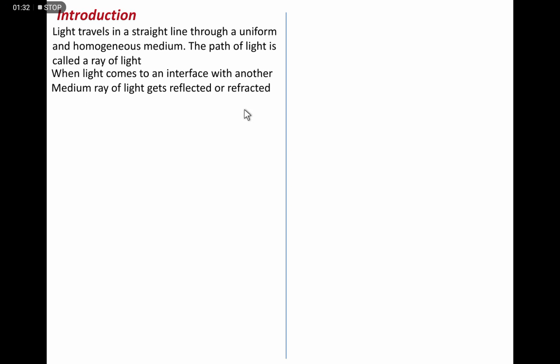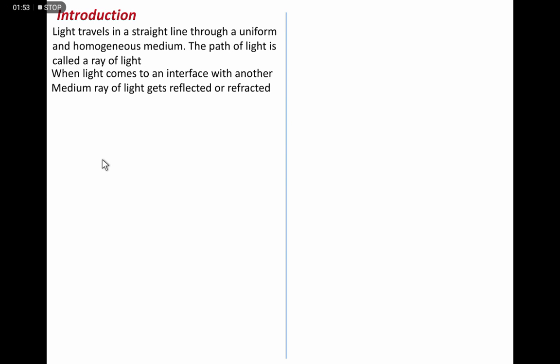We know that light travels in a straight line through a uniform and homogeneous medium. The path of the light is called a ray of light. When light comes to an interface, a plane surface which separates two mediums, the ray of the light is reflected or refracted.